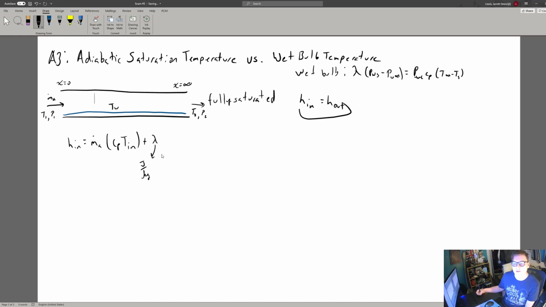And since our heat of vaporization here is in joules per kilogram, we're going to have to divide by the ideal gas constant times the temperature. That way we have our units fixed. That's pressure of the water times the molecular weight of the water divided by the ideal gas constant and the temperature.